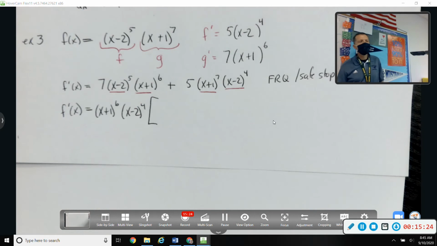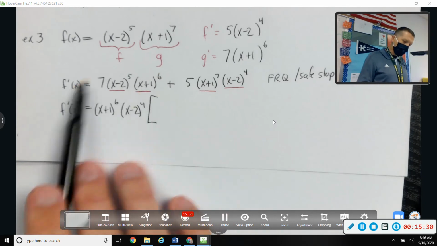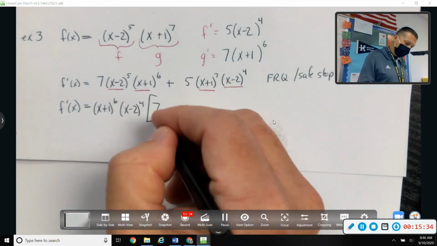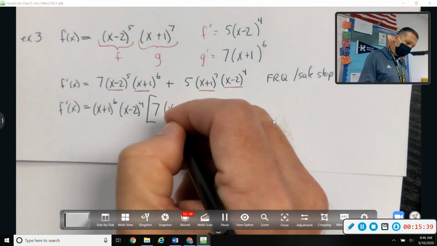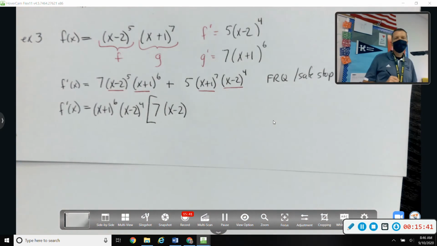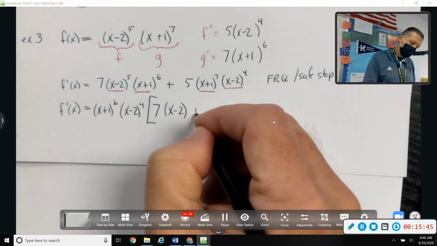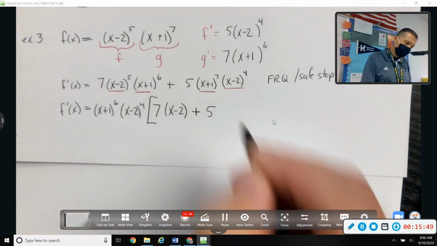Now I have to figure out what's left after we've taken all this from these terms. In the first set of terms, I took all of the x plus 1s, they're gone. The 7's still there. And I took all but 1 of the x minus 2s. In the second set, I didn't take the 5.